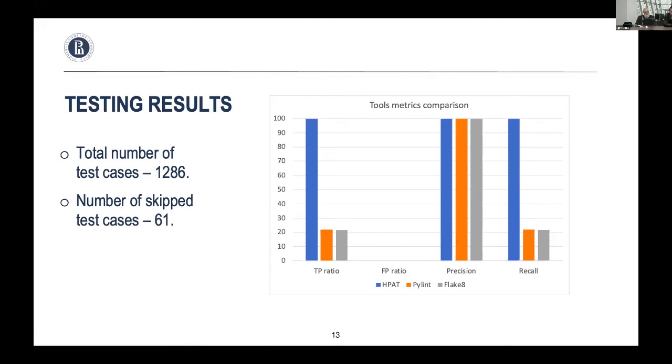These situations in the test suite are called negative test cases, which show the false positive warnings from different tools. And that's why we can calculate true positive ratio, precision, recall, and false positive ratio. I believe I answered your question.